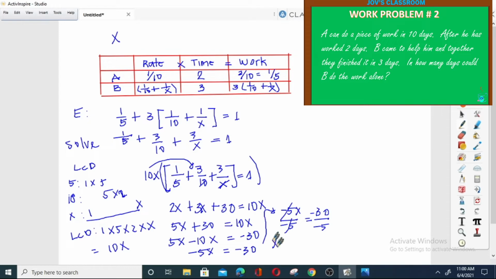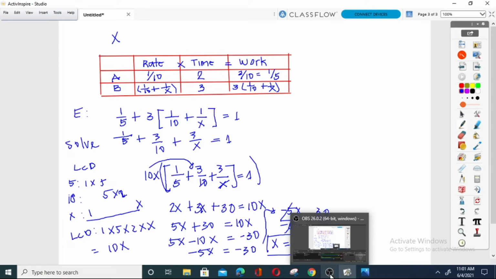Cancel. X will be equal to 6. Six days. So B can do the job alone in 6 days. So that is the answer.